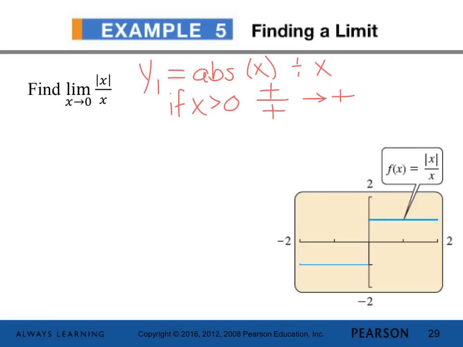And since that number is going to be the same in both cases, let's say it's 1, then the absolute value of 1 over 1 is going to turn out to be 1. So this expression is always going to be equal to 1 as long as x is positive.